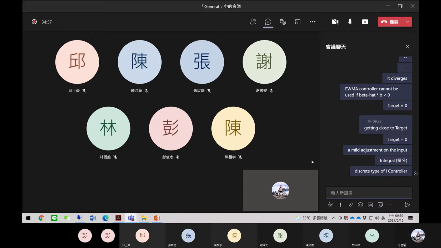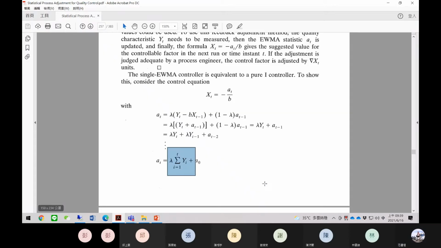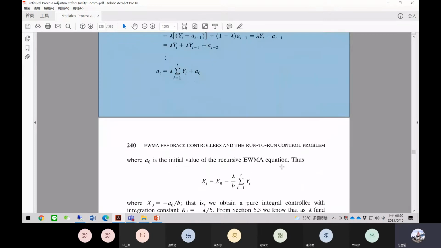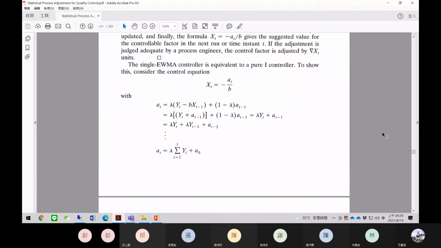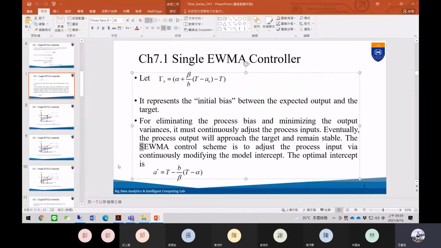Bingo. Yeah, this is the beauty. Very cool. Okay, any questions so far? And back to here. I think I'm done. Okay, adjust the process input like this.